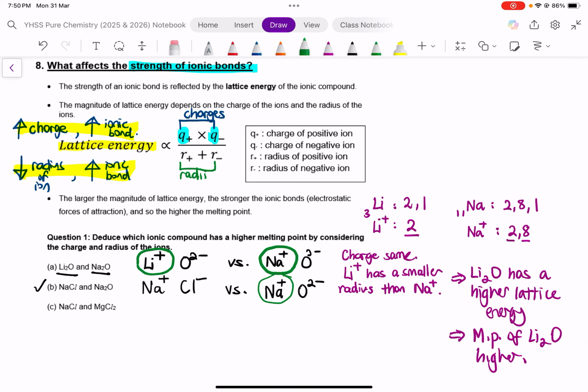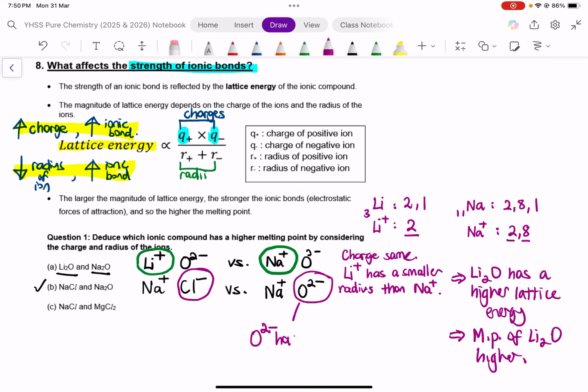Now you realize that the Na plus is the same in both cases. Therefore, we don't compare the Na plus. No point. We should instead compare the Cl minus with the O2 minus. And it becomes immediately clear. O2 minus has a different charge. It's doubly negative.